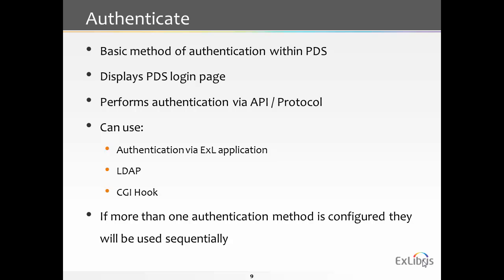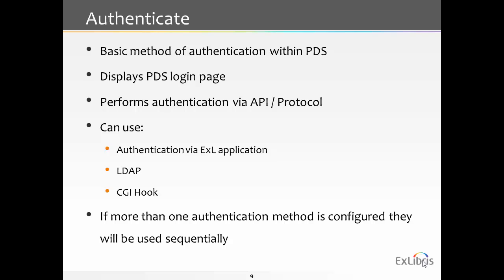The first authentication, or the first group of authentication methods, is called Authenticate, and it's configured as Authenticate in PDS. And this is the basic method of authentication within PDS. This method says that PDS displays the login page from its own HTML files, which means when we click sign on, the user is redirected to PDS and remains in the PDS login page.